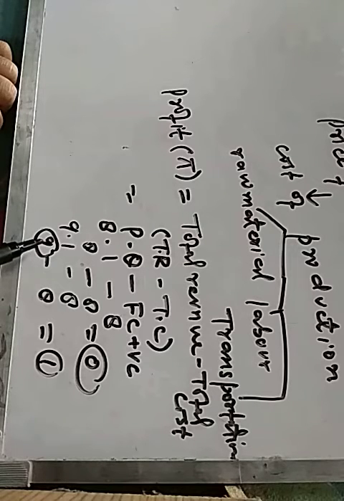At least he will sell the product at 9 rupees or more than that, because higher the price, if the price is 10 and total cost is 8, the profit will be equal to 2. Therefore higher the price, higher will be the supply.